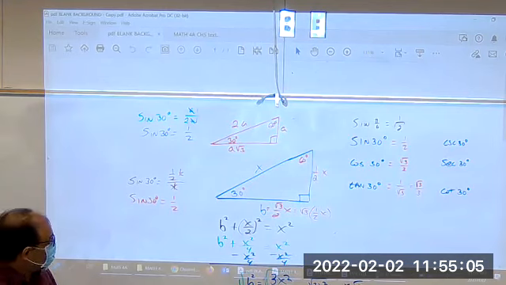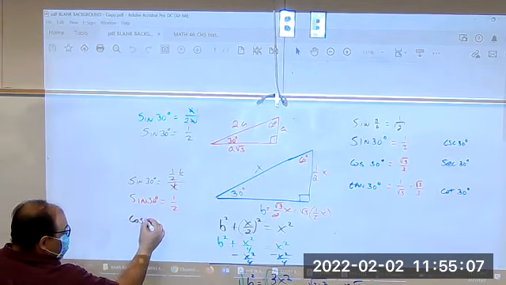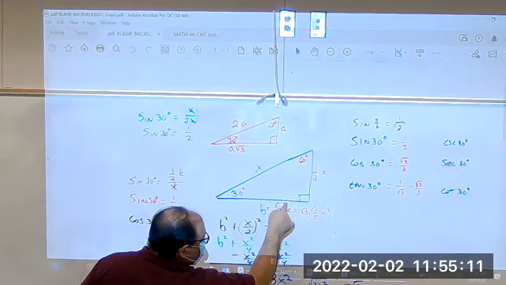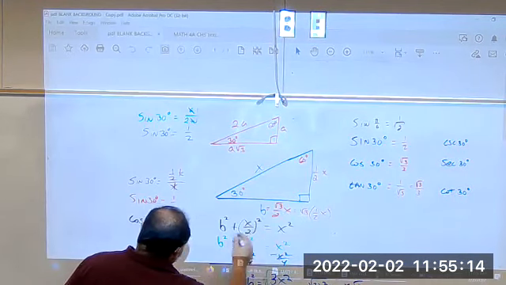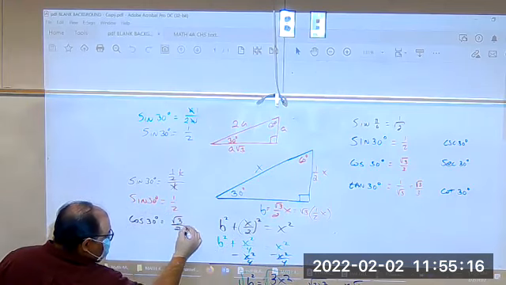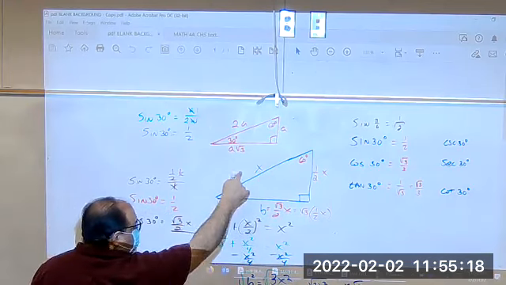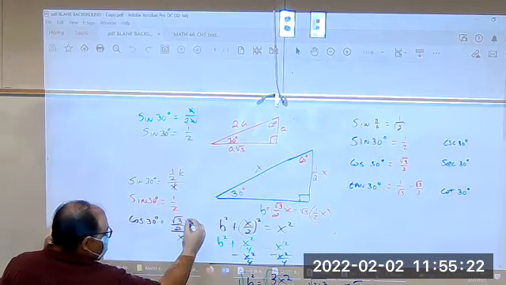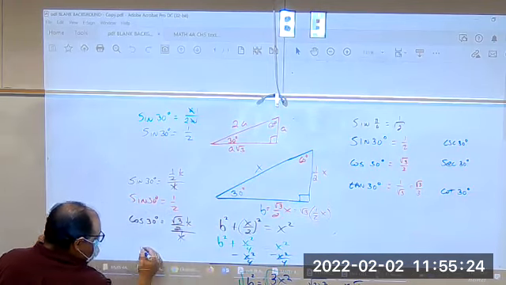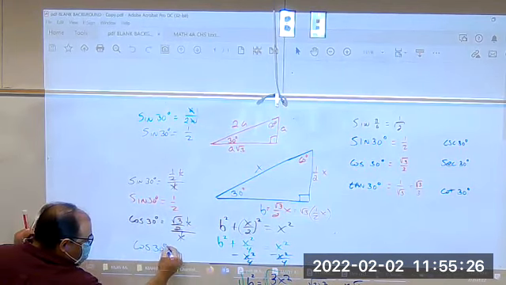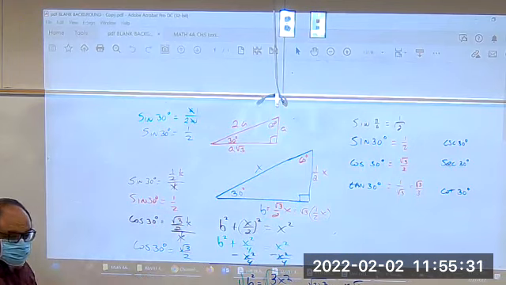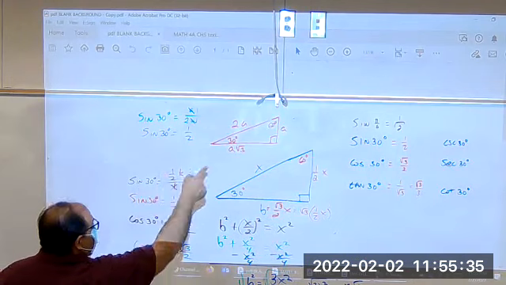The cosine of 30 is the adjacent, square root 3/2 x, divided by the hypotenuse, which is x. And those x's reduce. So you get a cosine of 30 degrees is always square root 3/2. Always. You deal with that one?